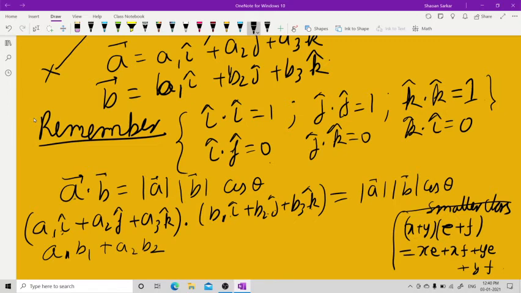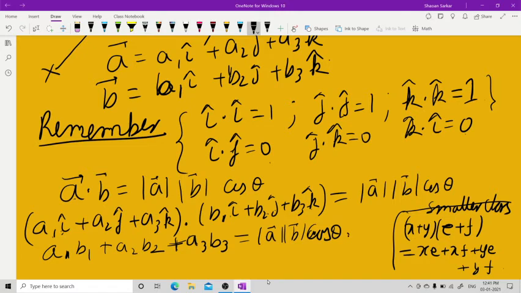A3 k with B1 i will give you 0 because k dot i is 0. A3 k dot B2 j will give you 0. So only A3 B3 will be left, nothing else. The rest will be copied as it is: mod A, mod B, cos theta. That is what you will be left with.